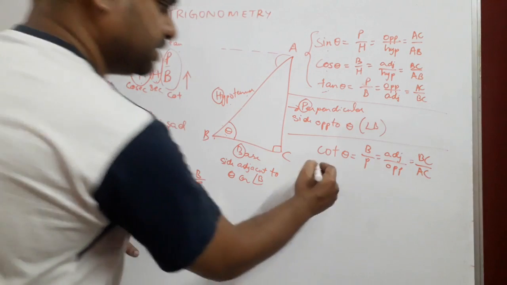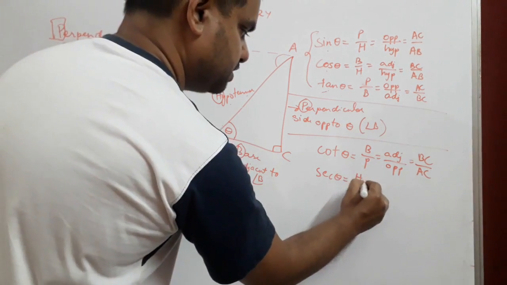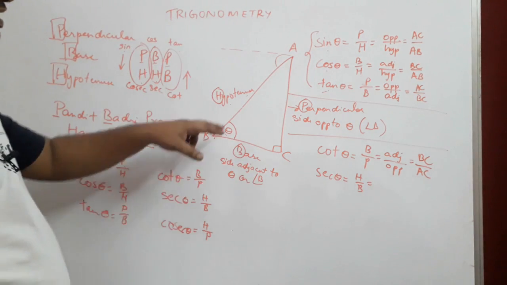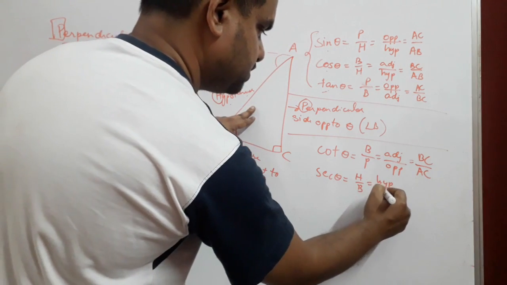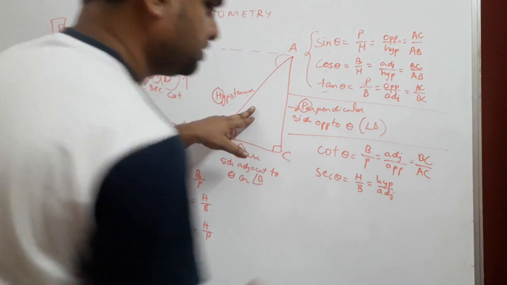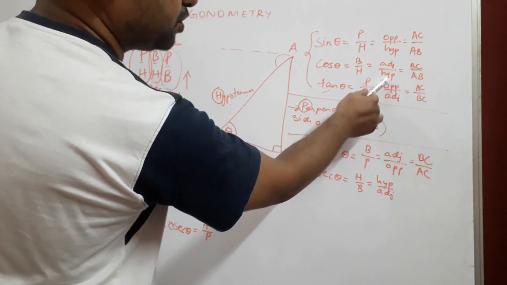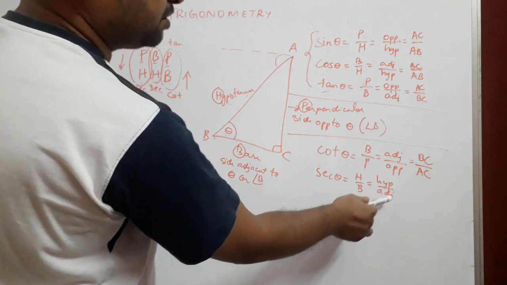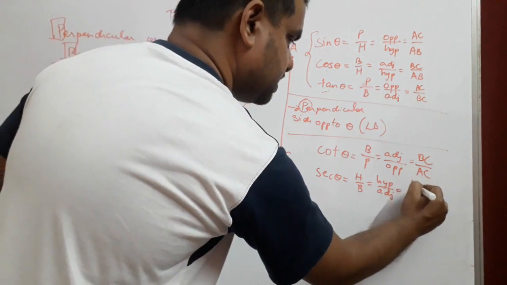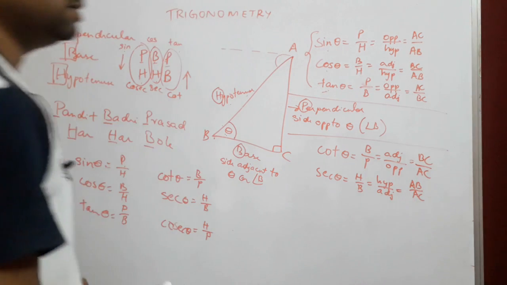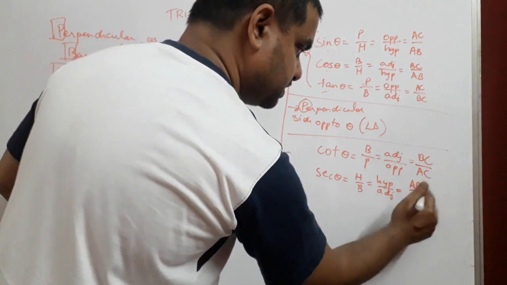Then you have sec theta. Sec theta is H upon B. H is your hypotenuse and B is your base, which is adjacent. Once again, the opposite of cos. Cos was adjacent upon hypotenuse. This is hypotenuse upon adjacent, just the opposite, and we can write this as AB upon BC.